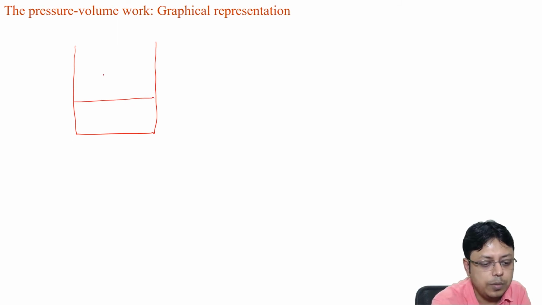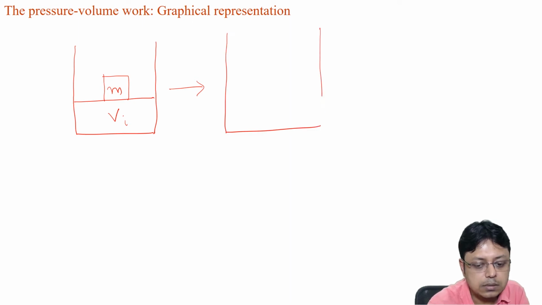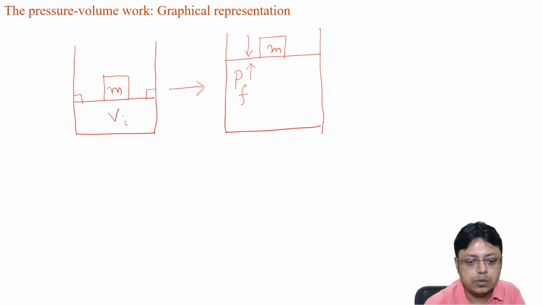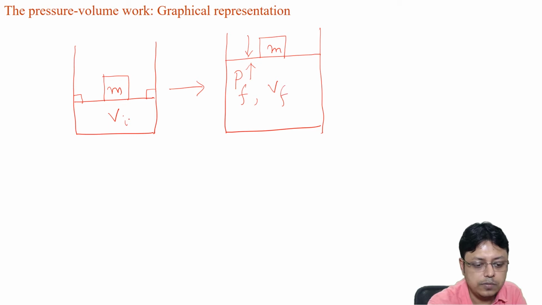Say we put some mass here where the initial volume was Vi, and suppose then we expanded the system until this thing expands and nicely balances this mass, so that the final pressure is equivalent to the external pressure which is created by this mass, and the associated volume, suppose, is Vf.